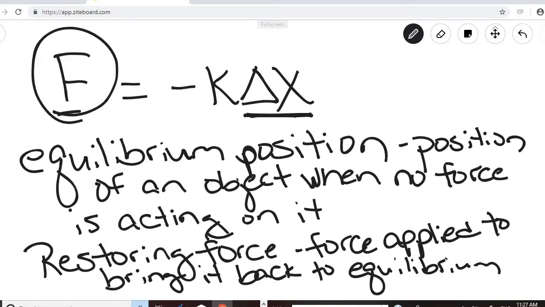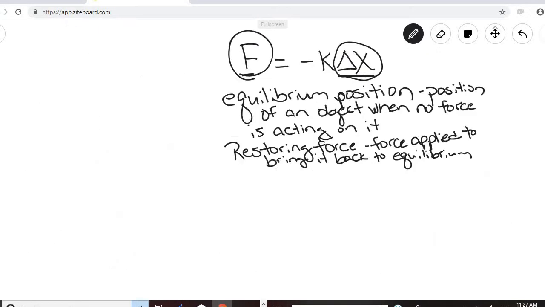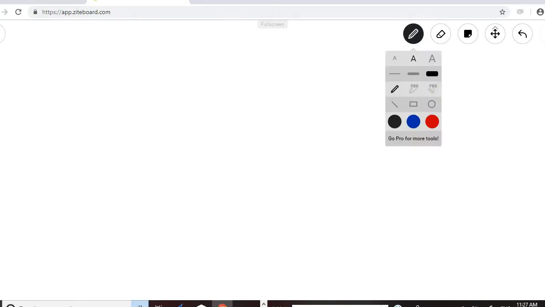And as we've already said, the restoring force is directly proportional to the distance that the spring is displaced. We don't have time to get into all of this, but let's look at our equation again.